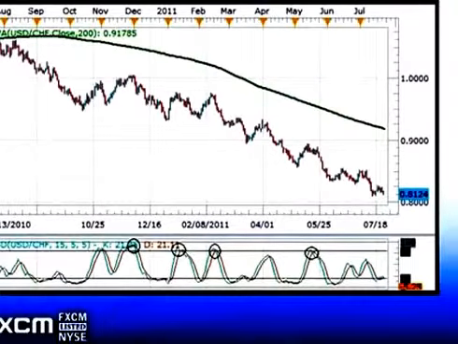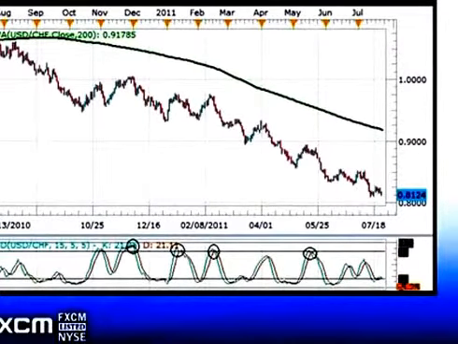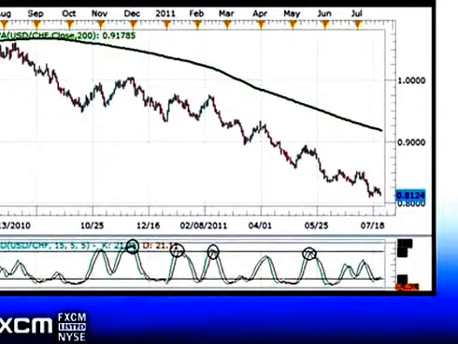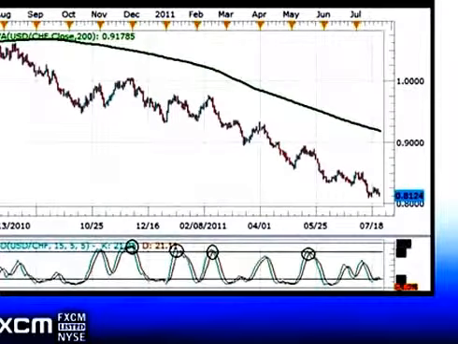You can see it leads and the other one follows. Now, the lower line is 20, the upper line is 80. When slow stochastics has been below 20 and then pokes its head up above 20, and even better yet, if it closes above 20, that shows bullish momentum is in favor.